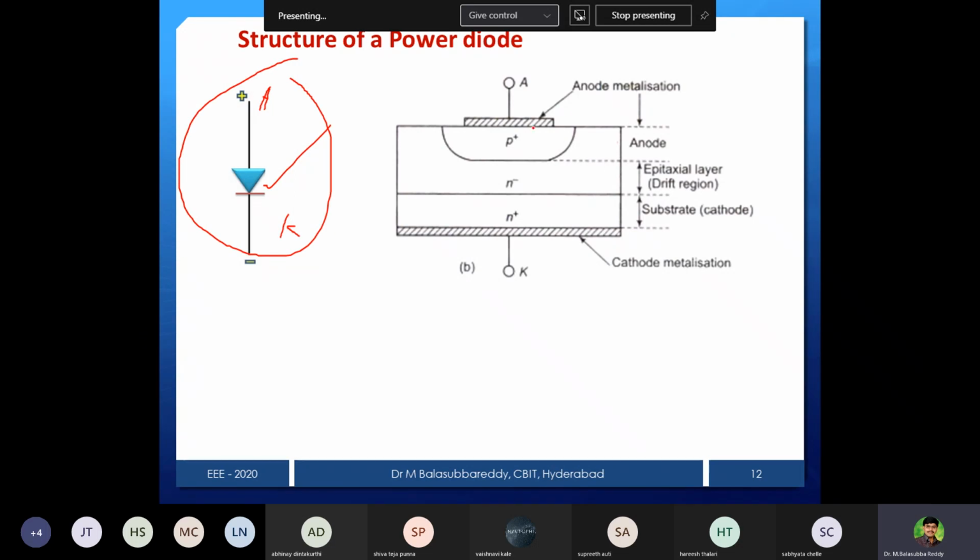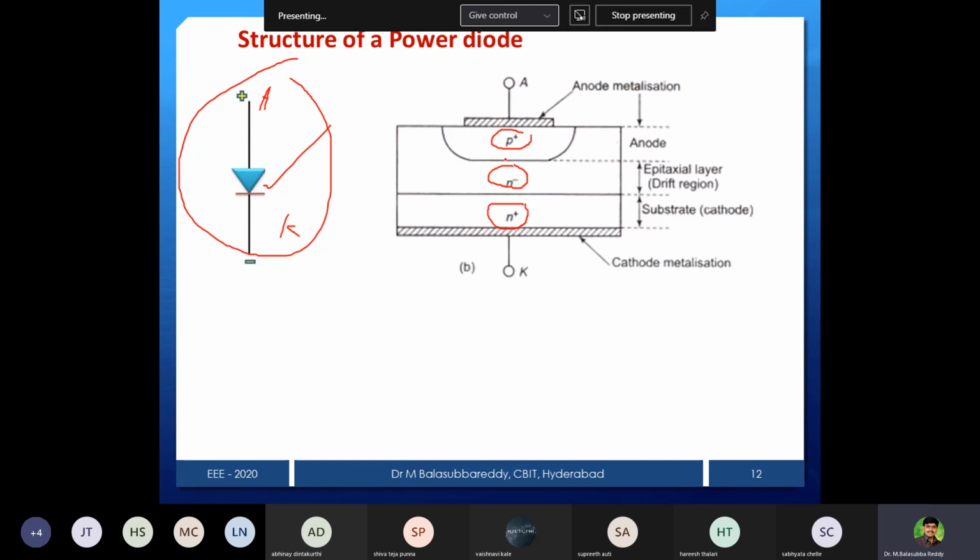Now, as I said, there are only P and N layers. But now we need to introduce an N minus layer, or drift region.